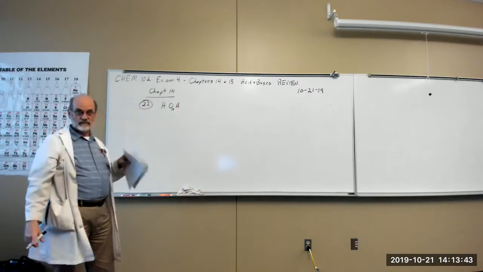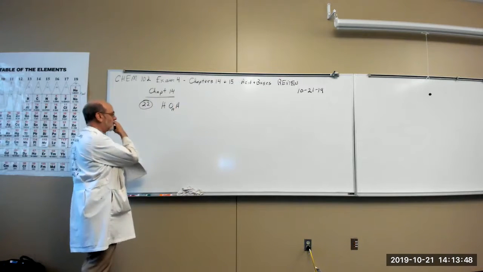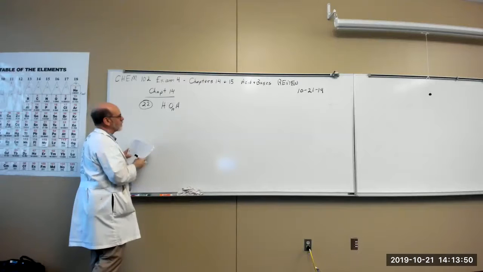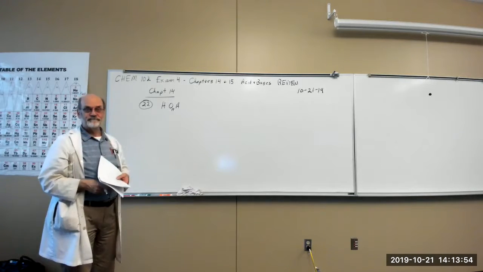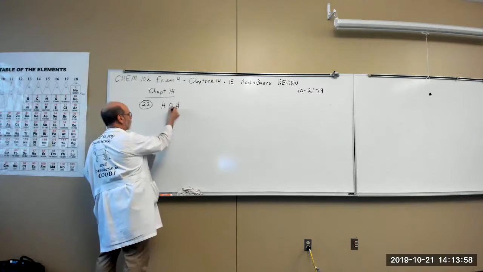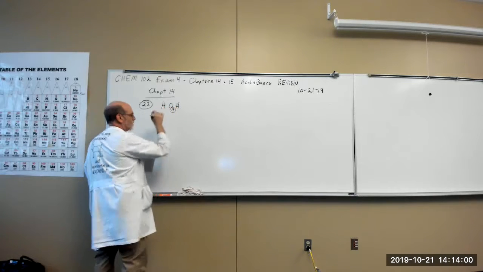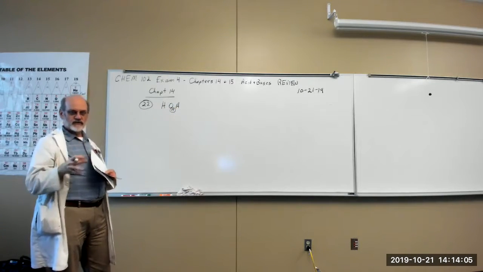It could have 1, 2, 3, however many. So what's the most important factor in determining the strength of that acid? That right there: the number of oxygens. The more oxygens there are, the stronger the acid.